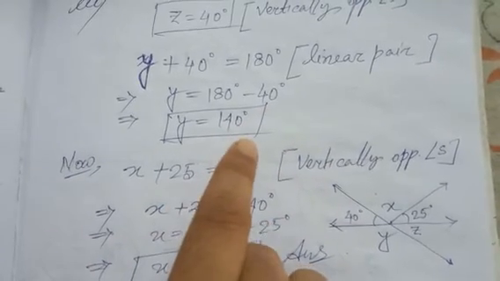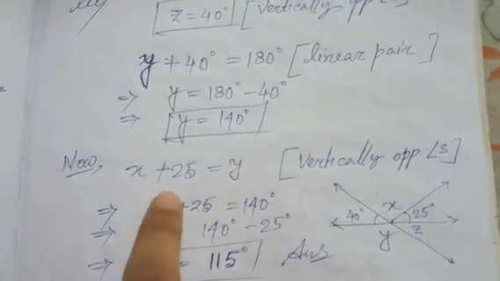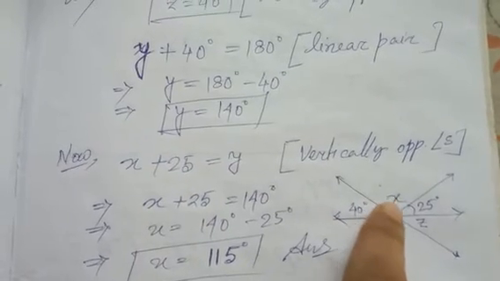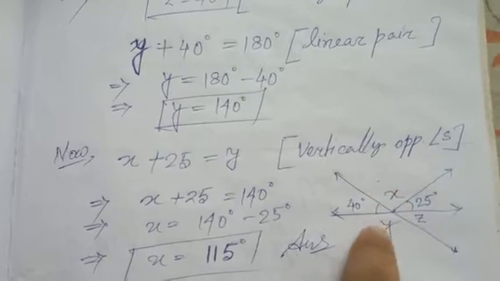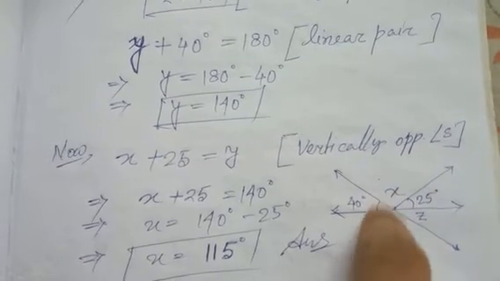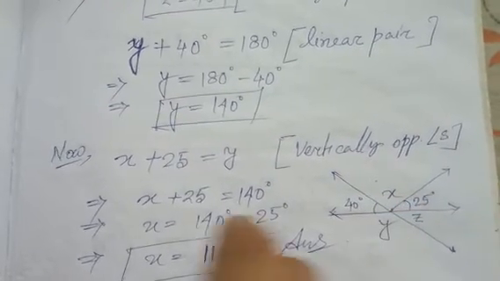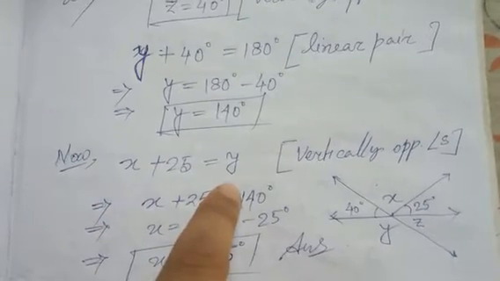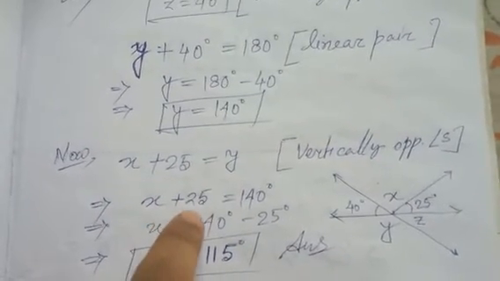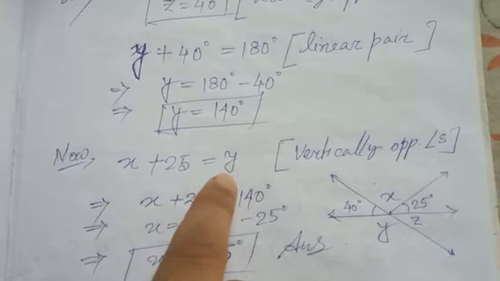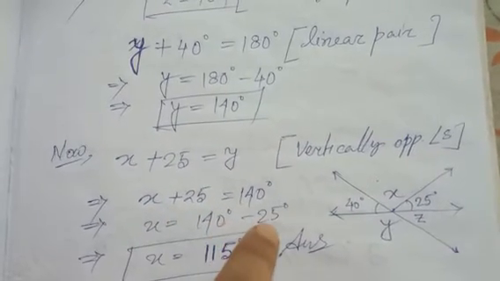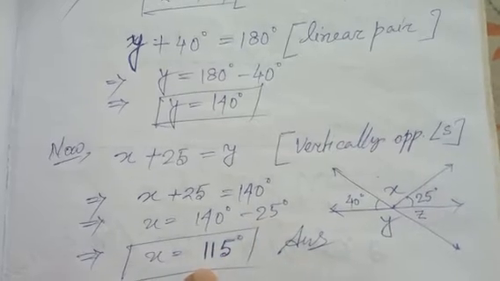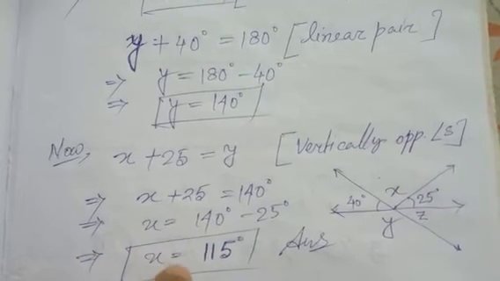Next, x plus 25 and y are vertically opposite angles, therefore x plus 25 equals y. Put the value of y, which is 140. Then x equals 140 minus 25, equal to 115. X equals 115 degrees.